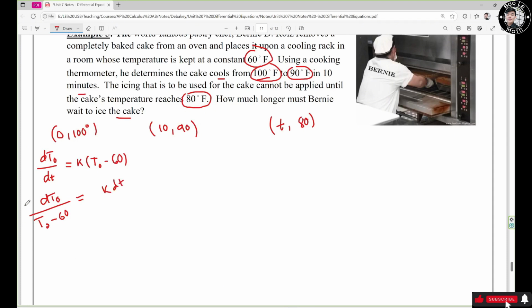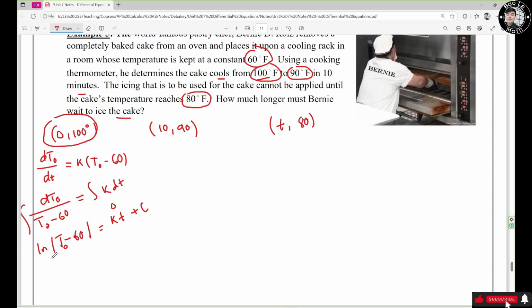Now I need to take the antiderivative of both sides. So this guy turns out to be natural log of absolute value of T0, which means T object, subtract 60 equals kt plus c. Now I need to use the order pair right here to solve for c. So t equals 0, this guy becomes 0, and 100 right here, which is T object.